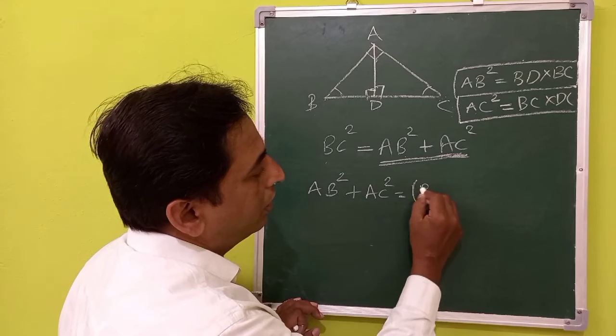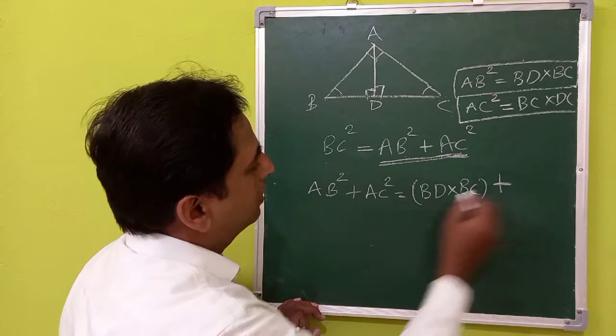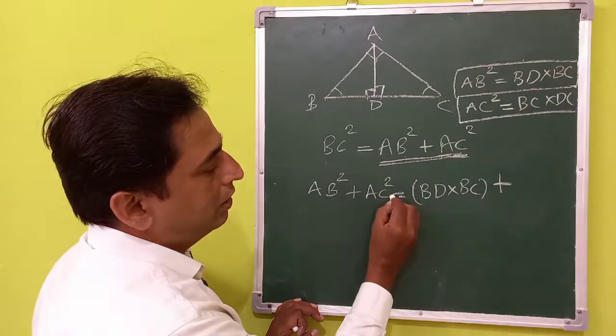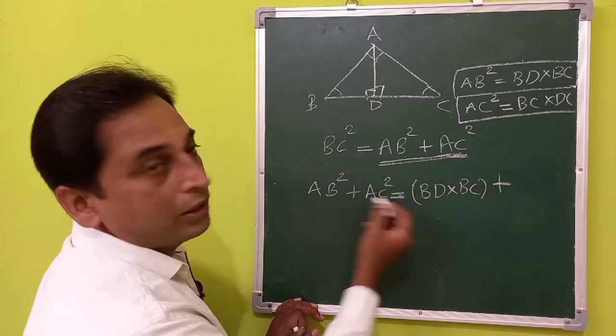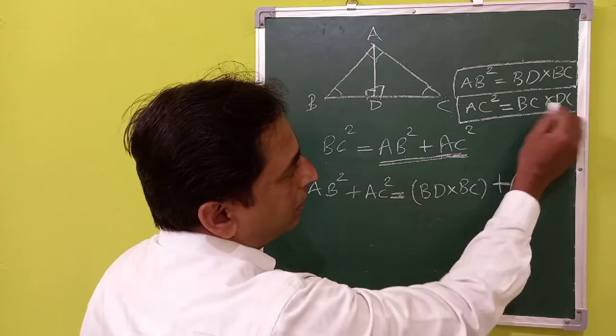So we have added BD into BC plus BC into DC.